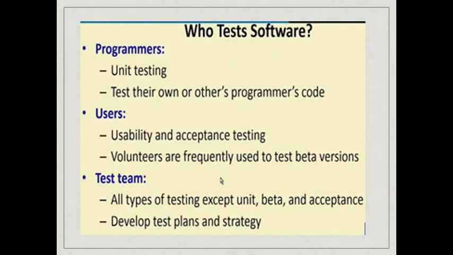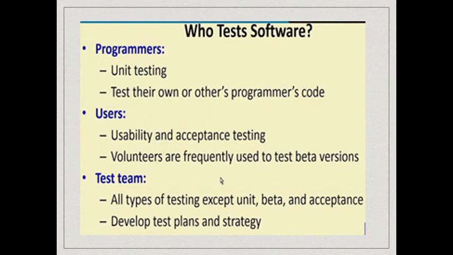Now, based on our discussion so far, we can see that software is tested by different types of personnel. One is the developing team in the developing organization: the programmers who wrote the program perform the unit testing. They may also test other programmers' code if necessary. So the programmers themselves are one type of tester. The users perform the usability and acceptance testing, and some of the friendly users may do the beta testing.